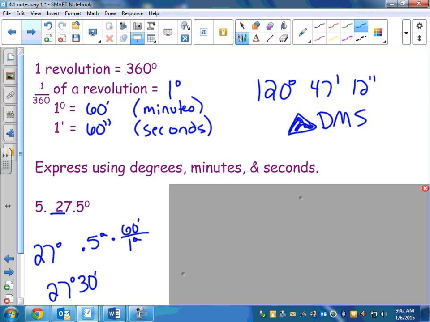That stands for degrees, minutes, seconds. So if you type in degrees and hit that button, it will give you the answer as 27 degrees, 30 minutes, and you don't have to put 0 because it's 0 seconds. Every calculator is different. So if you don't have a calculator like mine, you need to look for that button, or when I'm done here, I can come around and try to find it for you.